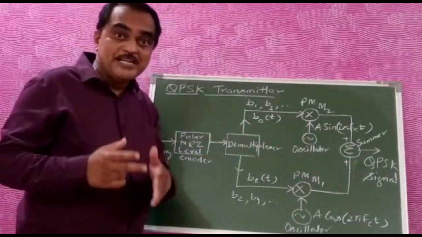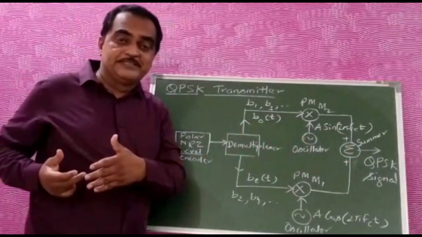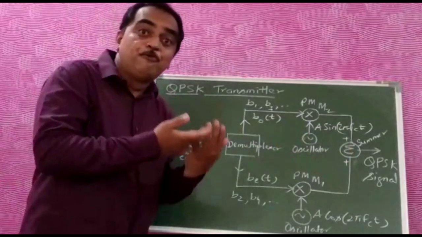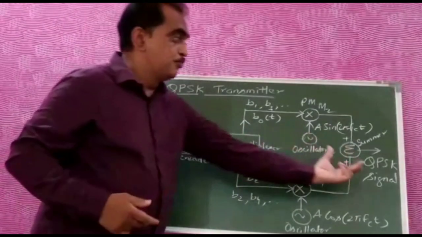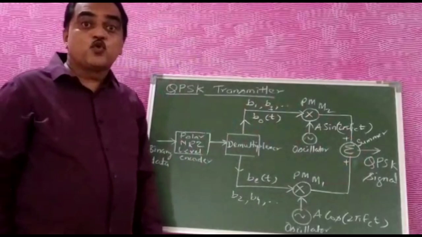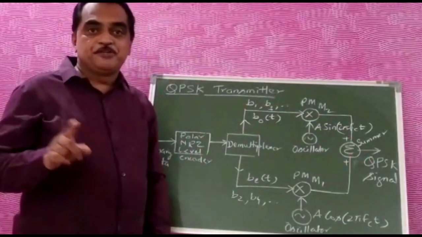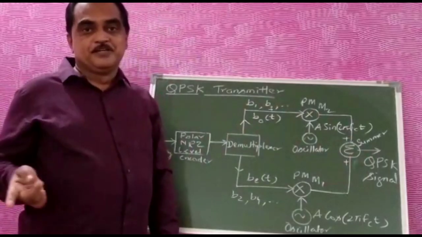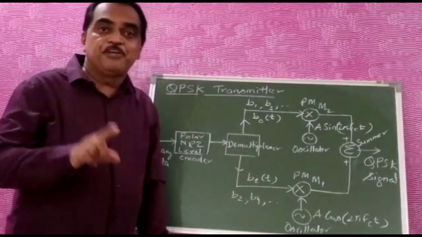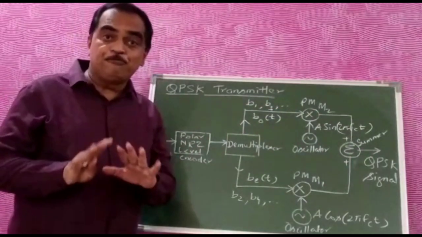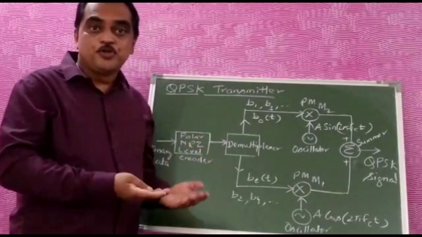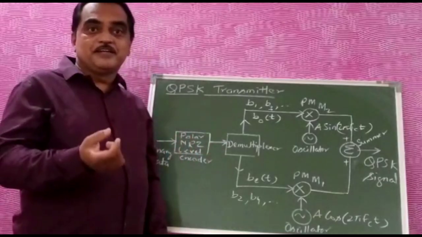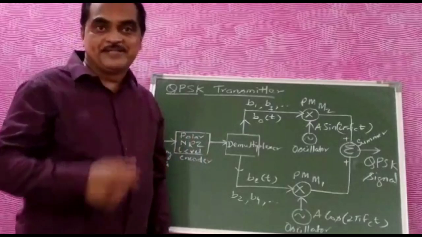Because you are indicating the pair of bits in terms of 4 phase shifts, that output signal will be called quadrature phase shift keying, or quadriphase shift keying, or quaternary phase shift keying. So it is 4 phase shifts coming at the output, and every phase shift is indicating 2 bits, that is 1 dibit.